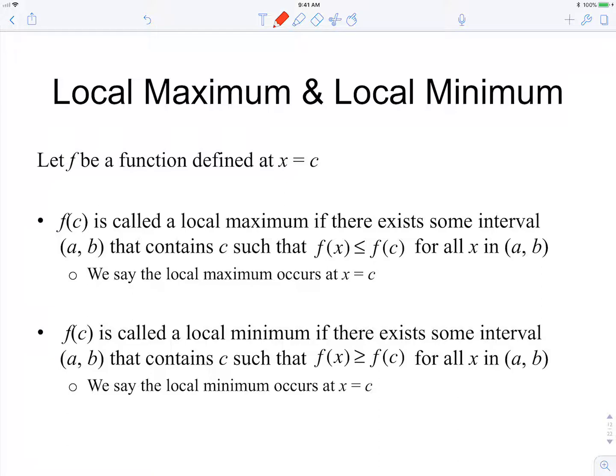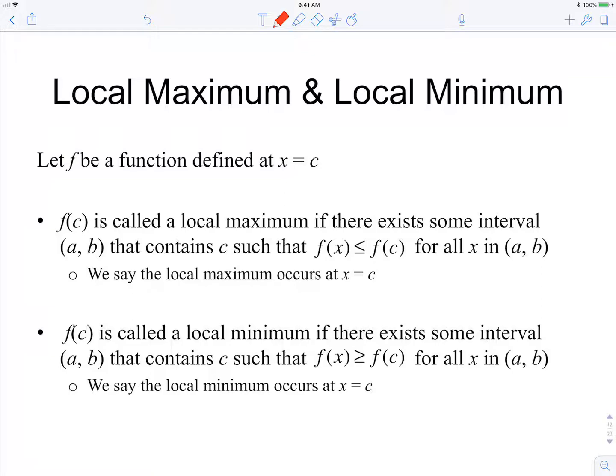Basically, if the function evaluated at this value c is greater than or equal to all the other y values on that open interval, then f of c is going to be the local maximum.